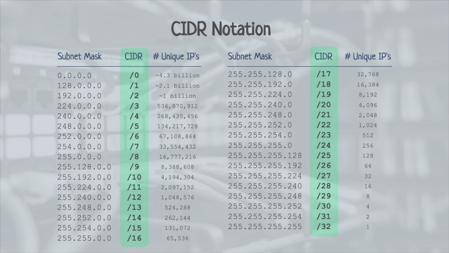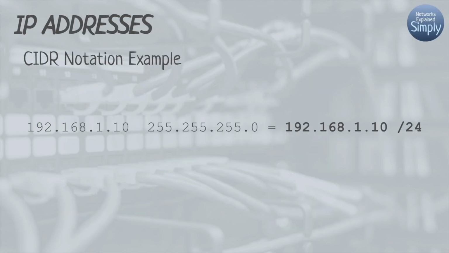Instead of writing out the subnet mask in dotted decimal format, with CIDR notation, we just add a / after a device's IP address, and then indicate the number of network bits, or the number of binary ones from the subnet mask, and that's all we need. This shorthand method allows us to express both the IP address of a specific device along with the subnet mask of the network in one easy step.